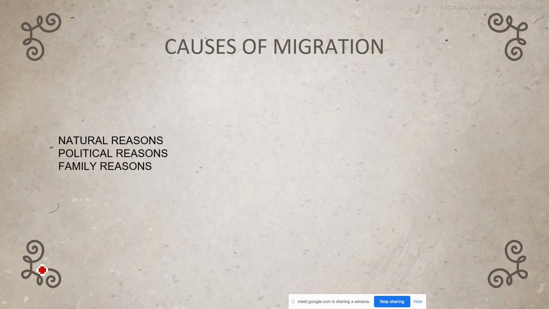Now, the third reason for migration is family reason. It is neither political nor natural. You want to improve the condition of your family.